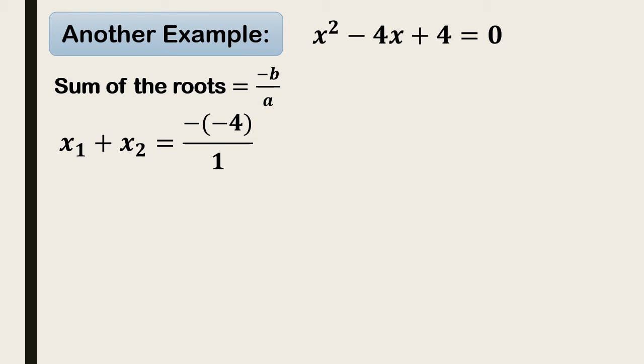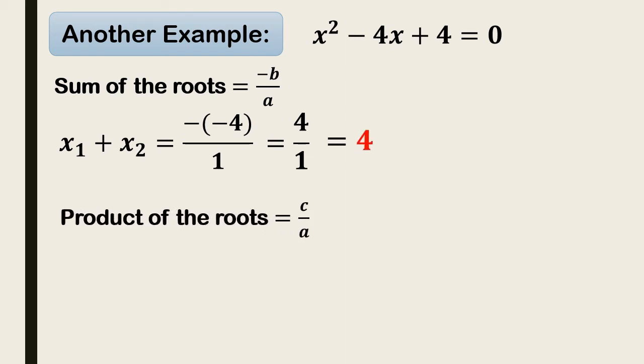So, the value for b is negative 4. So, let's put negative 4 over the value for a equals 1. Let's simplify first the numerator. Negative times negative 4. So, it is equal to 4 over 1. Now, let's divide 4 divided by 1. So, the answer is 4.